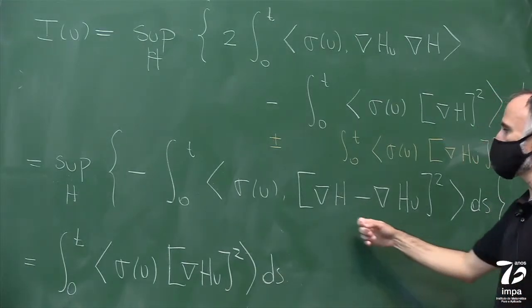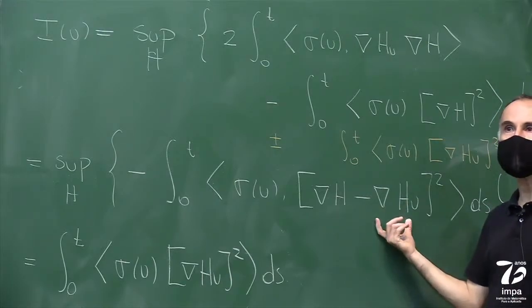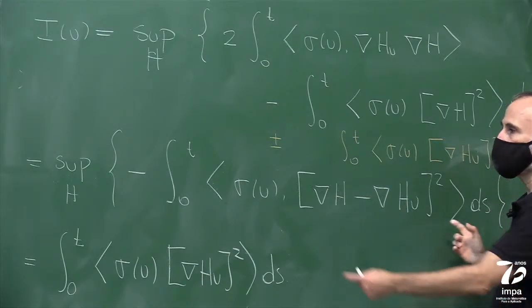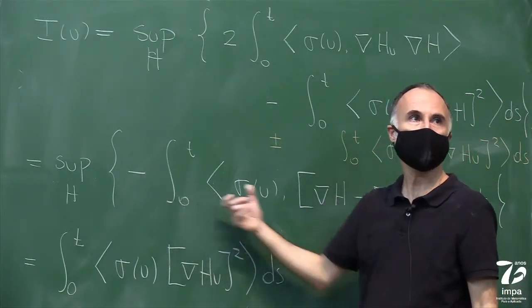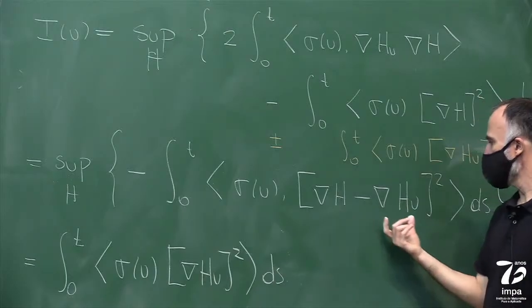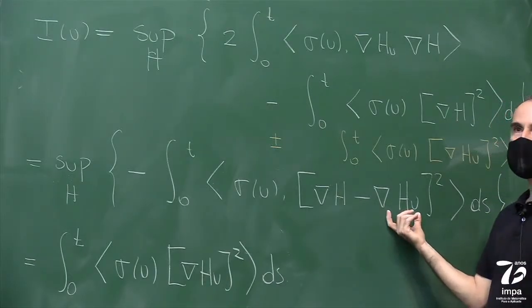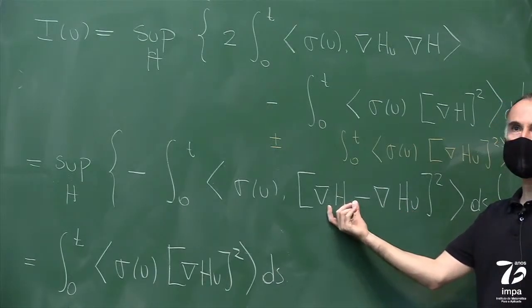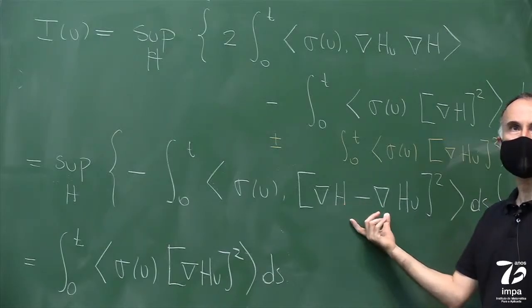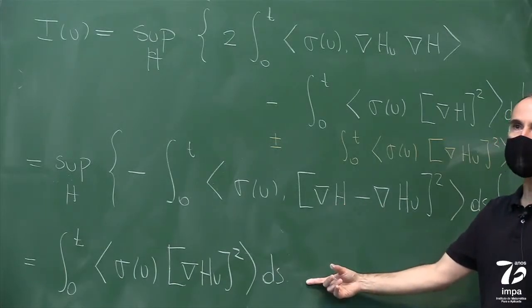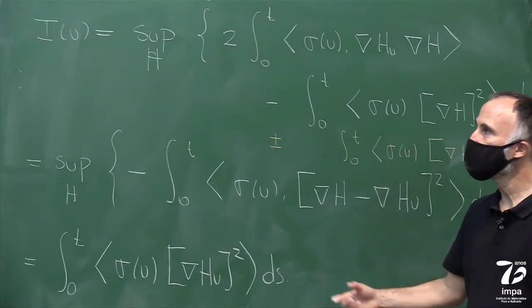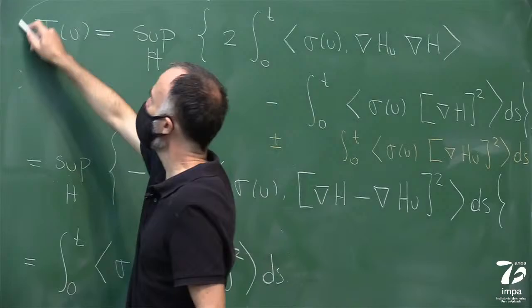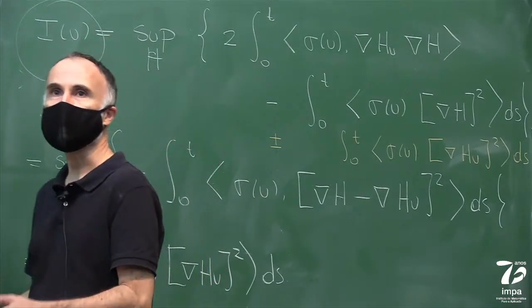And now you see that in this supremum, this is positive, with a sign it's negative. So it's always negative. And when I approximate this guy by h, I get 0. So this supremum is 0, which means that I have this formula also for I of u. Okay? What is I of u? I have 2 different formulas.